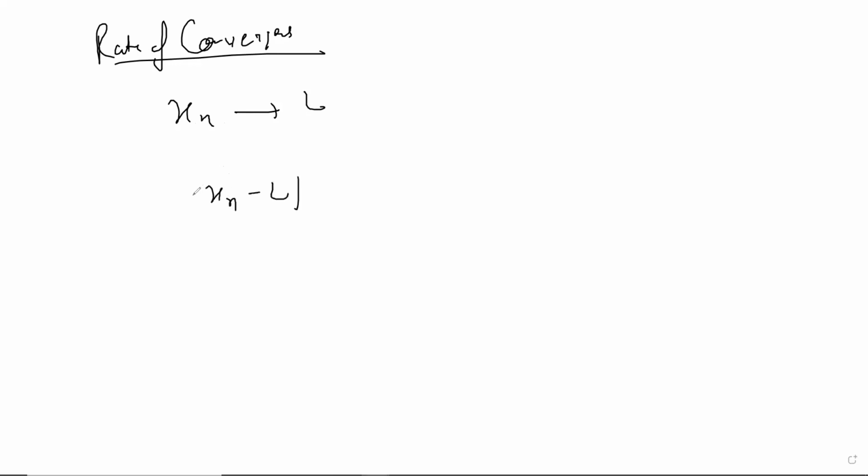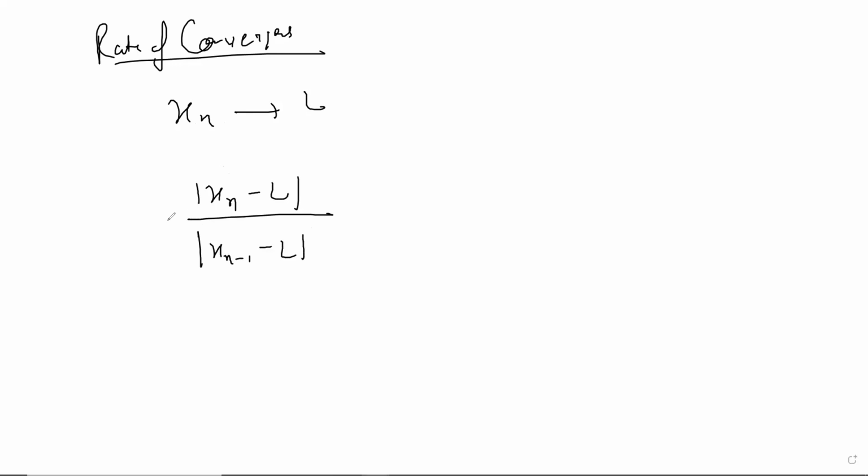rate of convergence. So let's say you have a sequence xn that is converging to L, and you want to see how fast it is converging. Right? So maybe then you can study this compared to maybe the previous one.